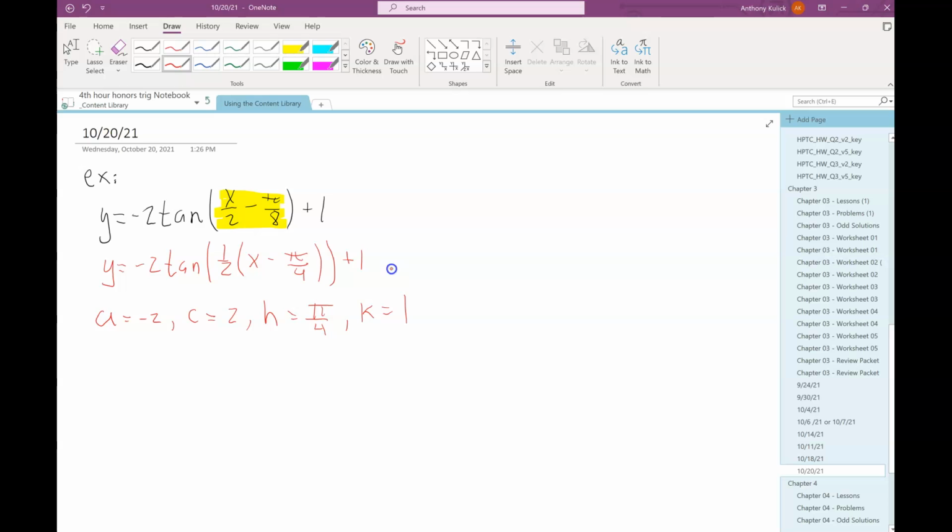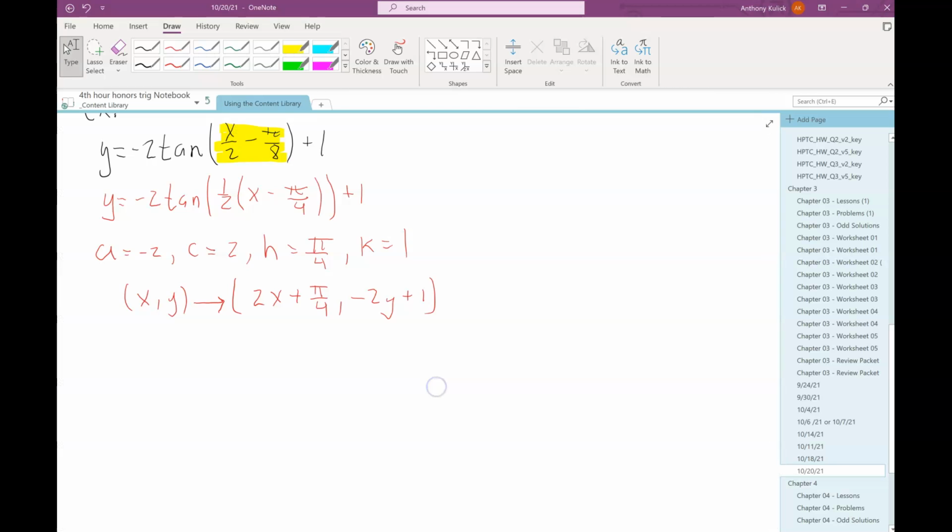Okay there? So I'll write my transformation map. xy goes to cx plus h, and then ay plus k. I'll copy in my key points.